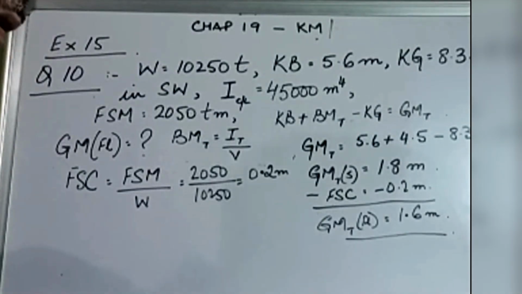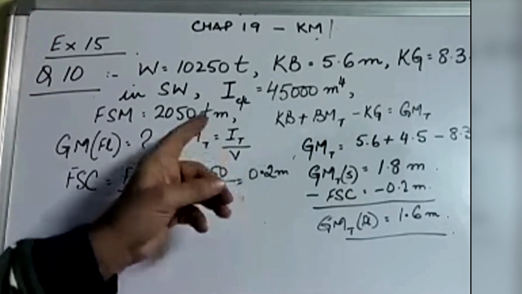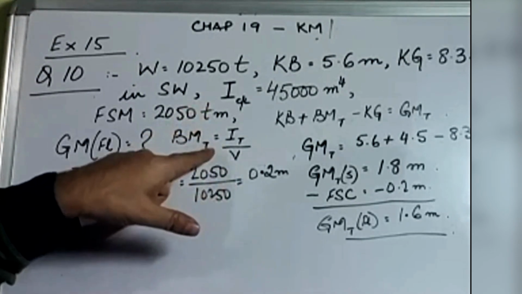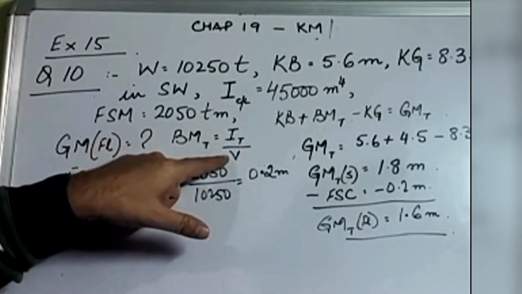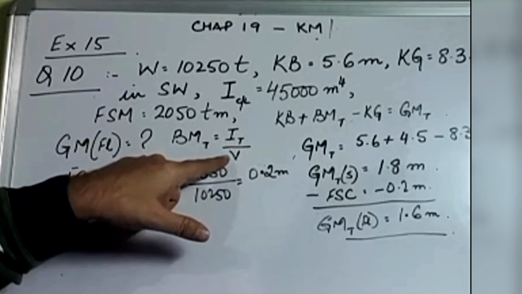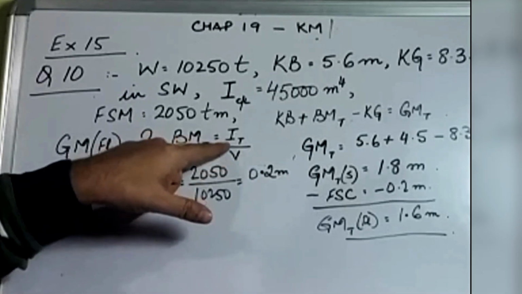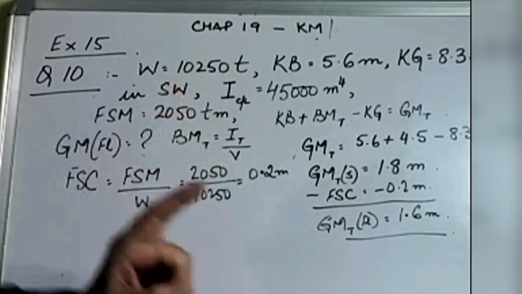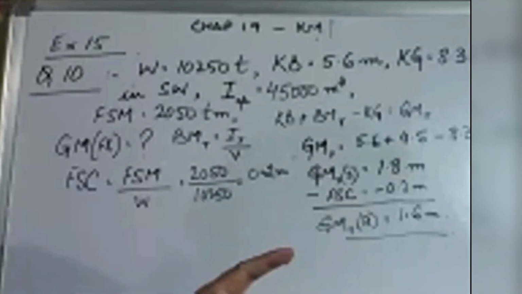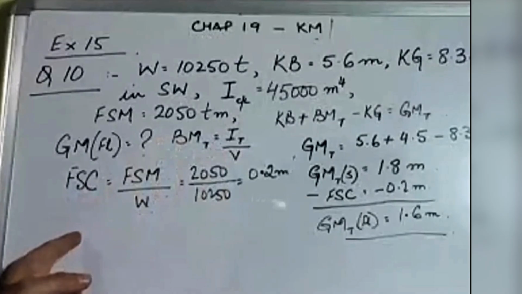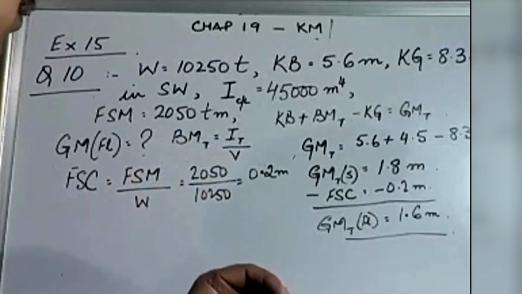सर ये BMT कैसे आया था सर वो 4.5? BMT 4.5 कैसे आया? BMT is IT by V. We wrote the formula. Yes sir. IT is 45,000. Divided by V, we found is 10,000.